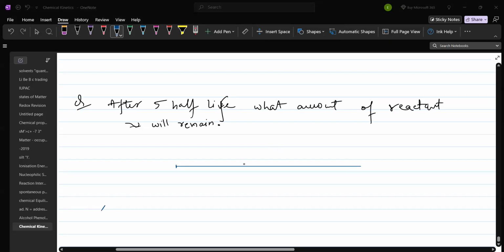Good. So both of you have got the correct answer. So there are two ways to solve this question. With a formula you can solve this question, and without a formula also you can solve this question.